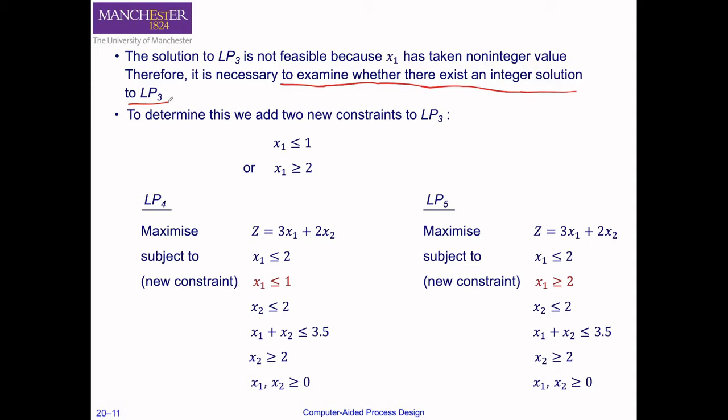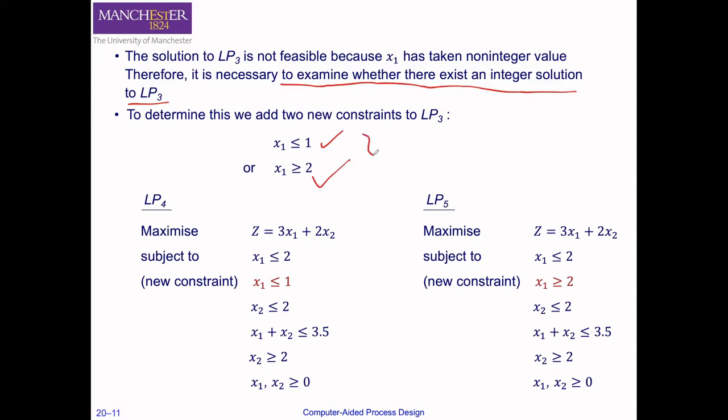Then we can divide all the possible solutions of x1 into two subsets. One is x1 is less than or equal to 1. The other subset is x1 is greater than or equal to 2.